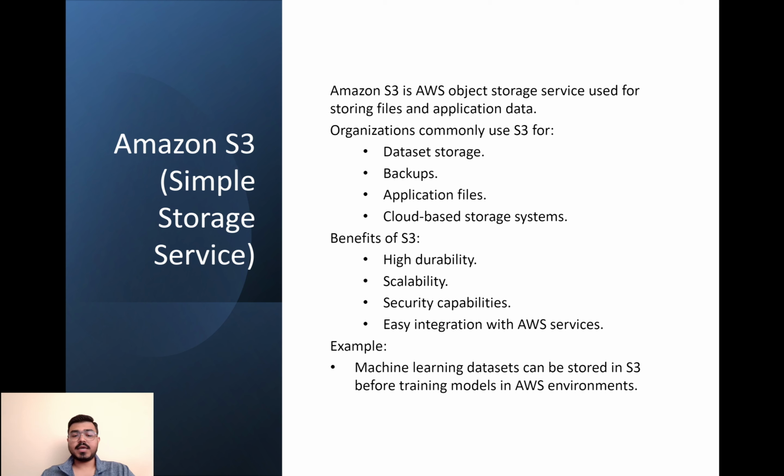Organizations commonly use S3 in multiple ways. The first use is dataset storage. Large datasets can be stored securely inside the S3 environment. The second use is backup. Organizations create backups to protect important information. S3 provides a reliable storage solution for backup systems.